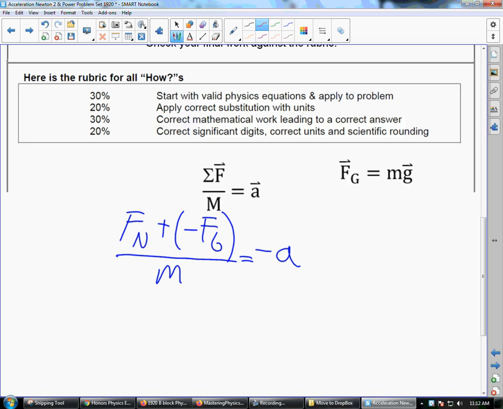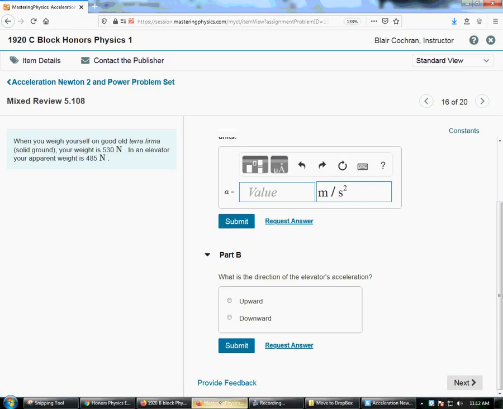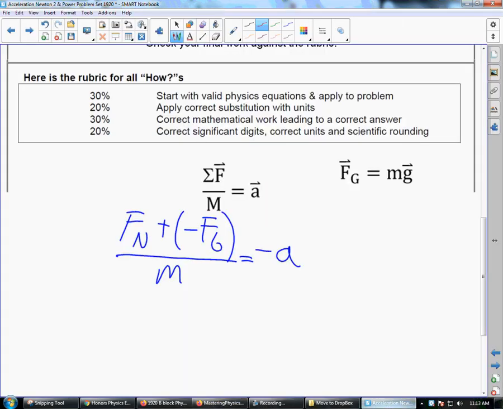So you take your F sub g, which they tell me is 530 newtons, equals whatever the mass is, and then since I'm on Earth, 9.81 newtons per kilogram.